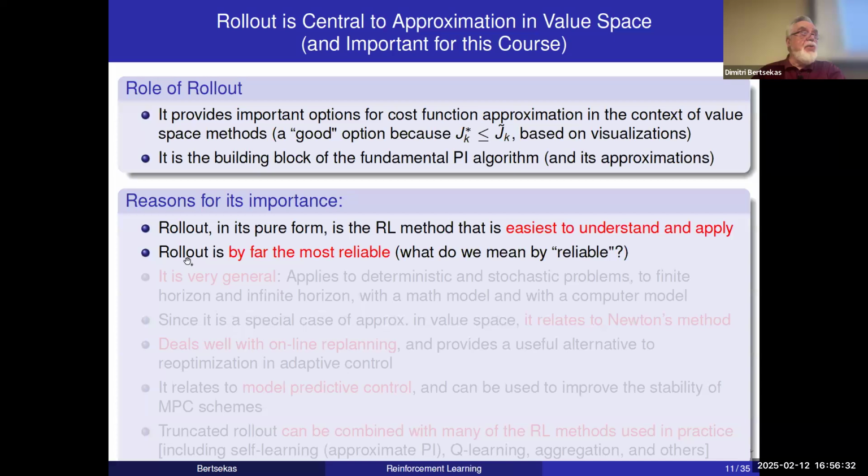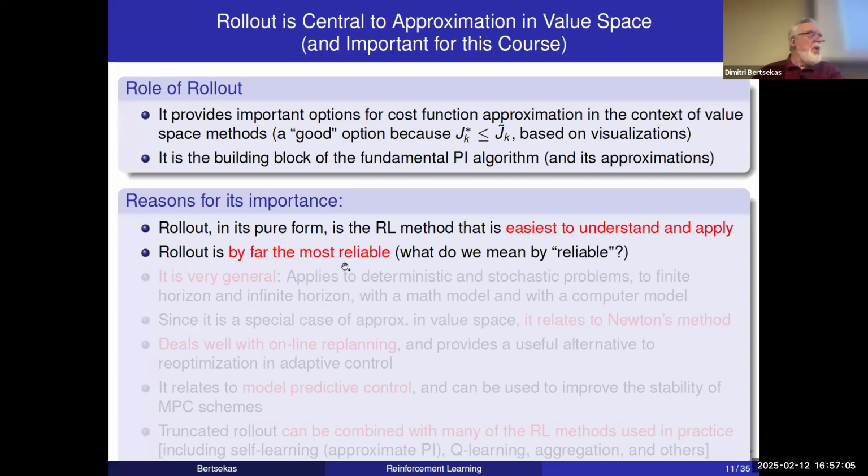Then, I mentioned earlier in the course that all the reinforcement learning methods are flaky, okay? Take this as an axiom. Nothing is guaranteed in reinforcement learning. You try a method, it may or may not work for your problem. And you may have to tune it manually so that it works on your problem. But of course, it may not work for a different problem with your own manual tuning. Now, in this landscape of unreliable methods, rollout is by far the most reliable.